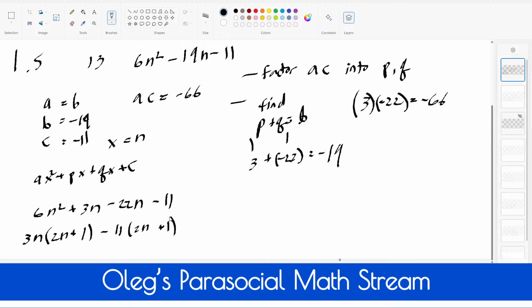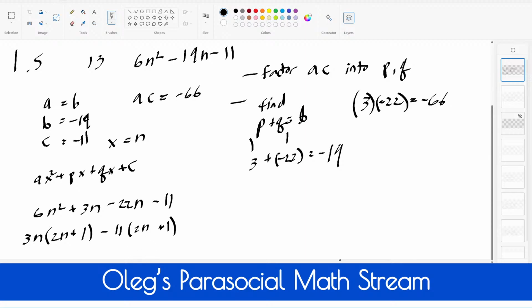So that way, if you look at it, we have the 2n plus 1 on both sides. That means the 3n is multiplied by 2n plus 1, and the minus 11 is also multiplied by 2n plus 1.